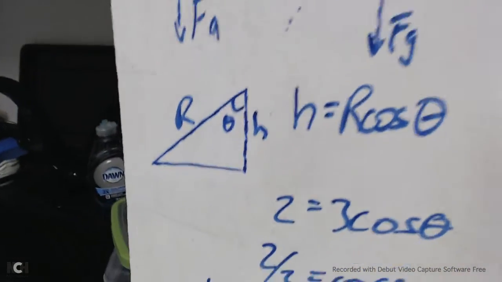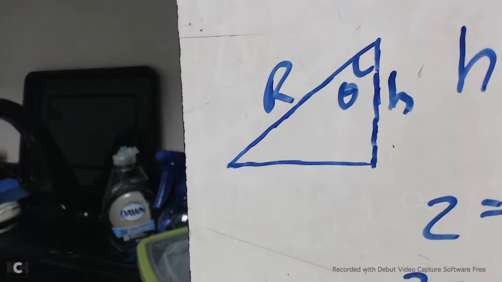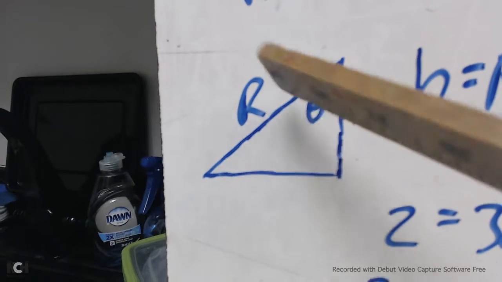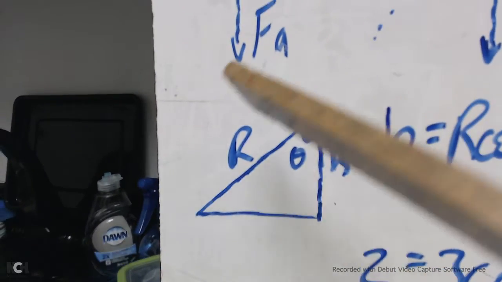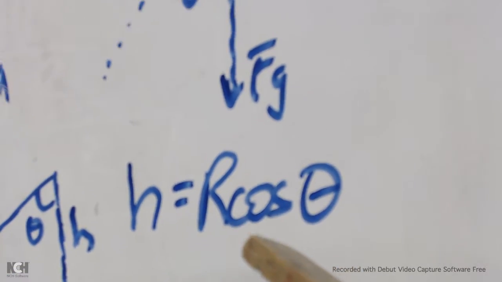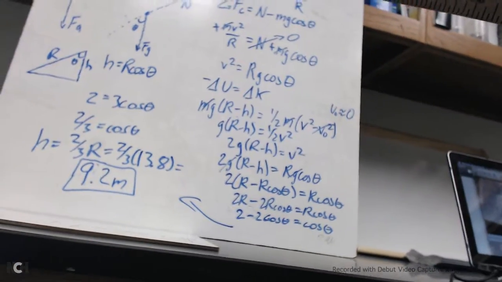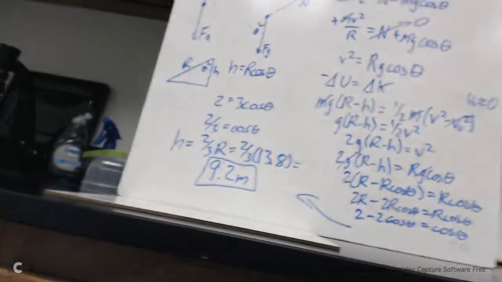And down here I drew a triangle to make it easier to visualize. And thanks to trigonometry, we can find this relationship here, that the height is equivalent to the radius times the cosine of the angle. All right, well, that's the first part of that little problem right there.